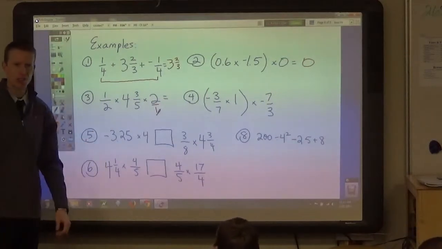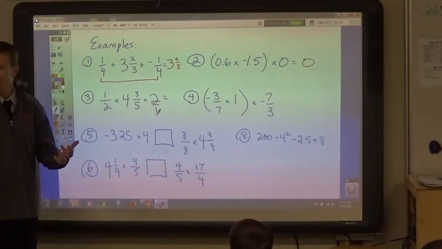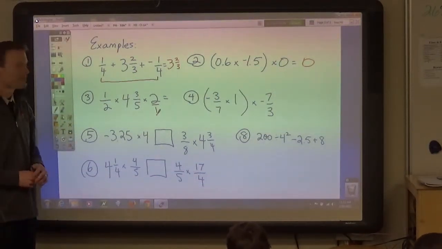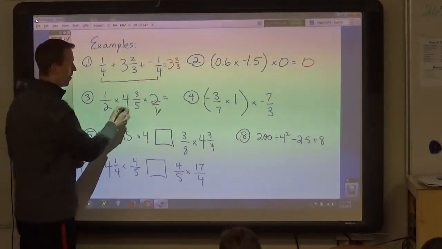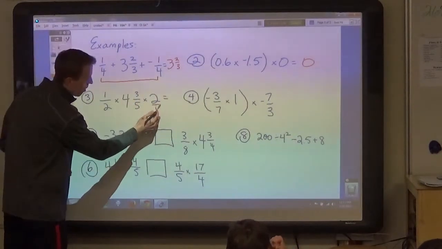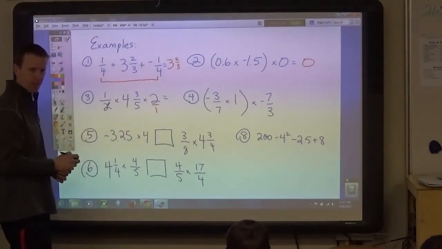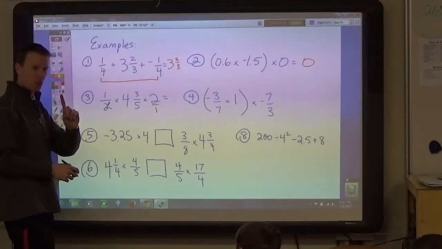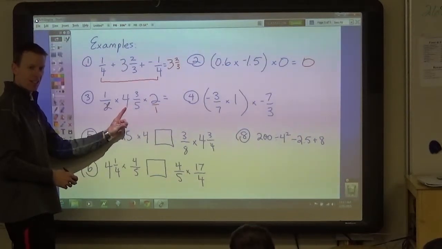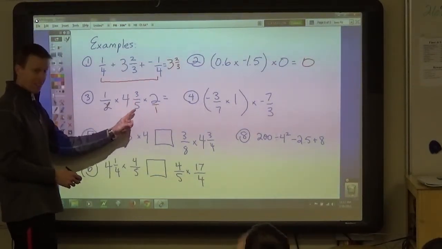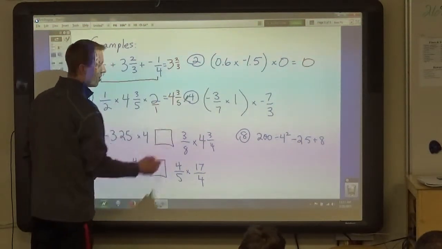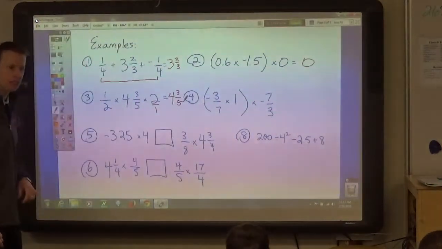Multiply the reciprocals. And what do we get? Johnny? 2 times 1/2 is 1 because those are reciprocals. 1 times 4 3/5 is 4 3/5, the number itself, right? 1 times itself.